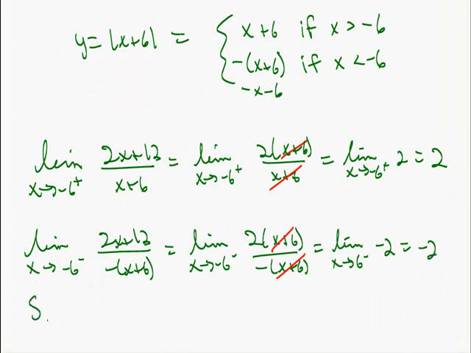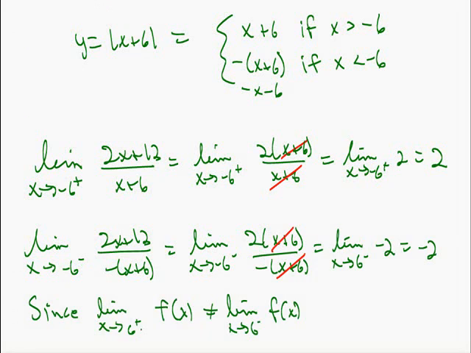Well, since the limits don't agree, coming from the right and coming from the left for our function f of x, we came from the right, we got a positive 2, coming from the left we got a negative 2. That means that the limit overall of f of x as x approaches negative 6 does not exist. That limit does not exist because it's different coming from the left and the right.